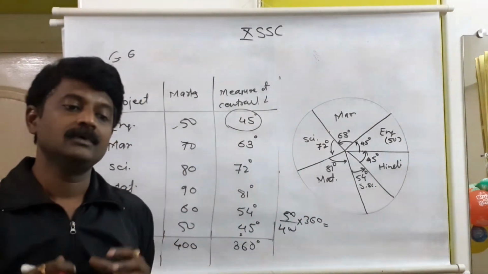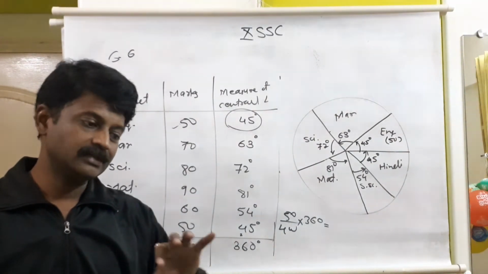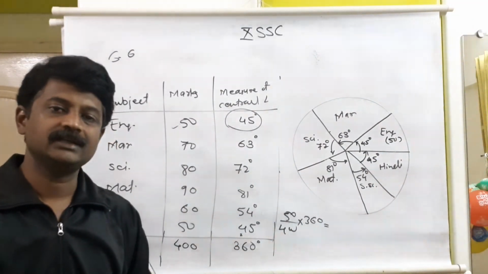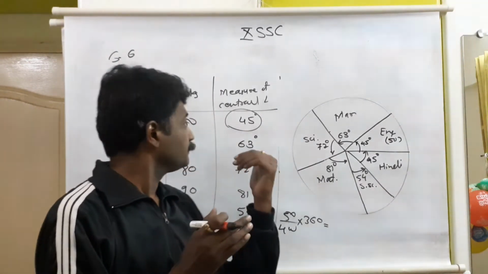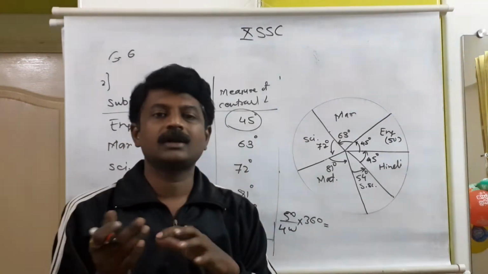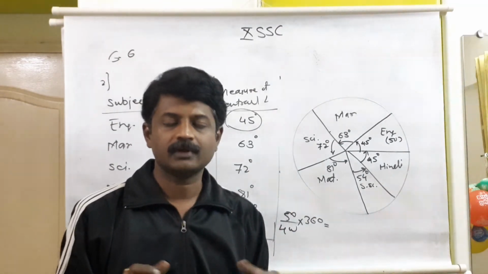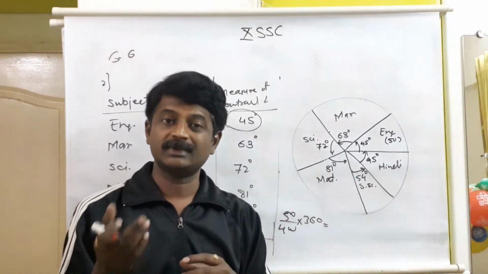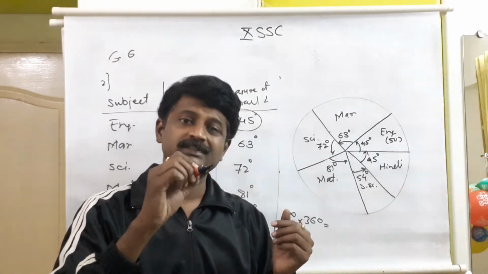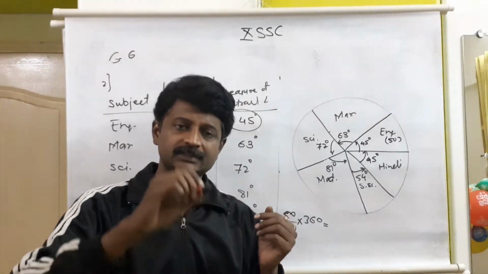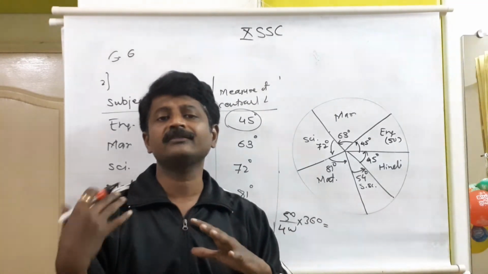How do we convert our marks into percentage? In the same way, at the end of the year or after exams, if we are converting 50 marks out of 400, then out of 100 how much? That will be the percentage, but here it is not out of 100, it is out of 360, because the angular measurement of a circle is 360. 180 plus 180, 360. So it is compared out of 360.